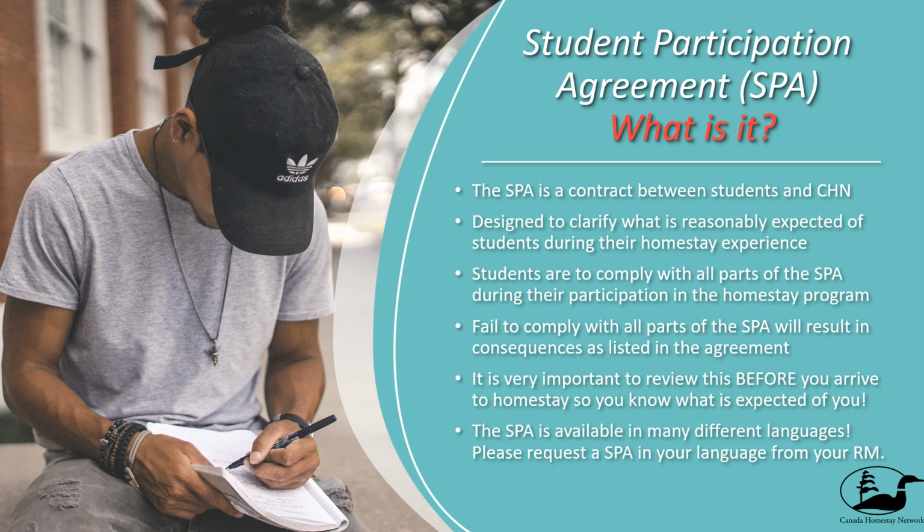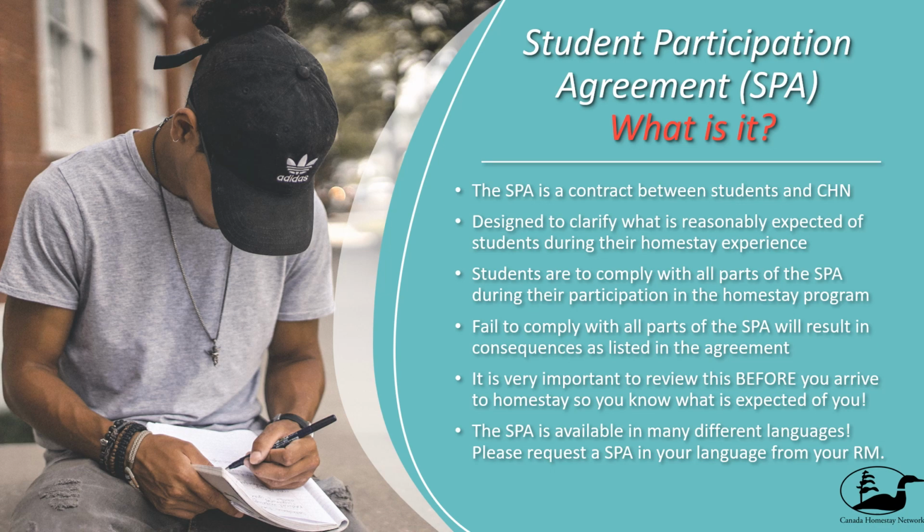One of the most important documents is the Student Participation Agreement, or SPA. This is our contract or promise with you and your commitment to following CHN program expectations and rules. The SPA outlines what's expected of you during your homestay to ensure your safety and well-being and success in your homestay program.